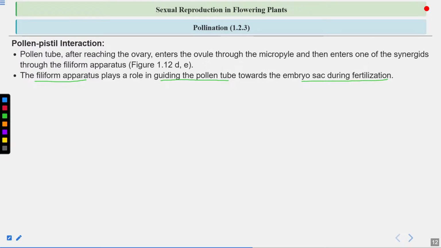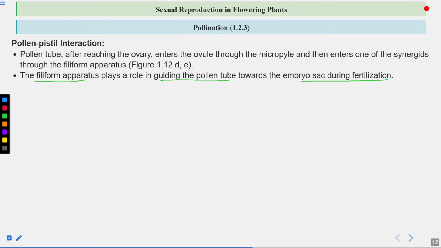What is the content of the pollen tube? Some sort of cytoplasm and the 2 male nuclei, or the 2 male gametes. That is the content. It is released in the synergid cell. And this is the function of the synergid cell, to receive the pollen tube, to receive the content of the pollen tube.